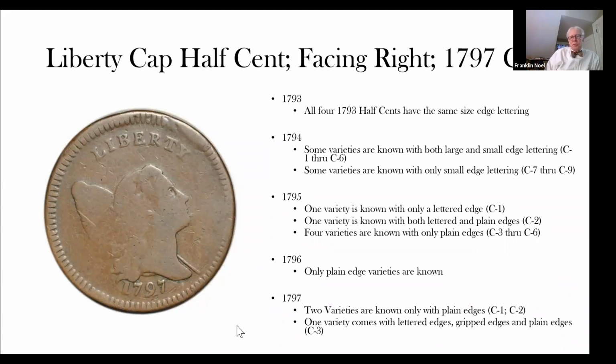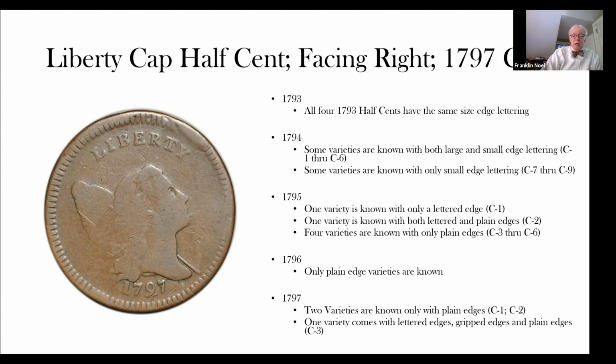While the first 2 1797 die marriages only come with plain edges, the edge of the C3 low head comes in 3 flavors: plain, lettered, and gripped. Both lettered edge and gripped edge are rare subvarieties.